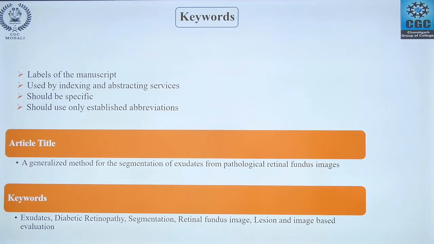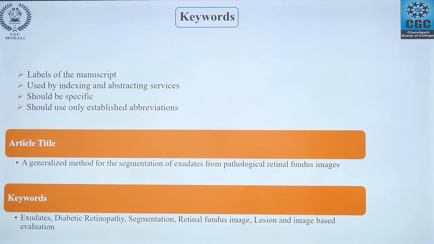Now the keyword could be part of the title also. And lesion and image based evaluation basically defines the evaluation criteria. Whosoever is associated with retinal fundus images or the image processing field will understand the evaluation criteria, which are mainly lesion and image based. They'll understand that concept, right?